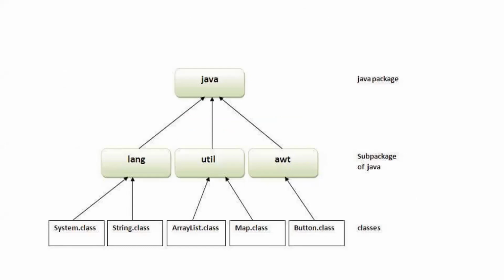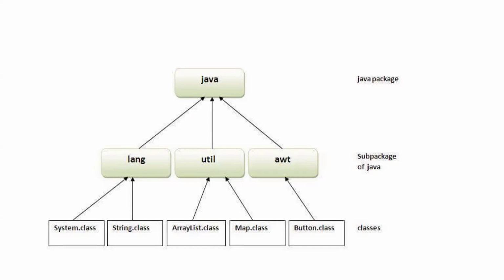I hope my figure is visible to you. For Java, for example, there is a java package. That java package has some sub packages: lang, util, awt. If you are going to write a program with respect to the web, I mean the internet, then you are supposed to use awt, util, and this type of package. At that time you have to write import, like import java.util.*.